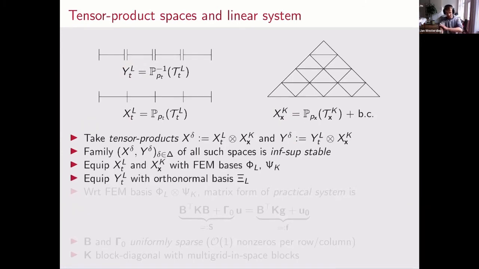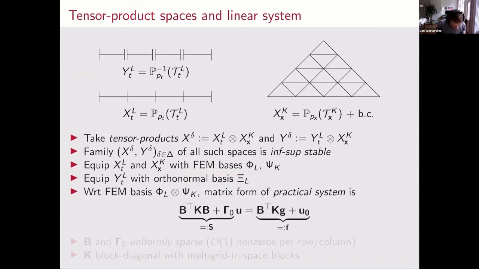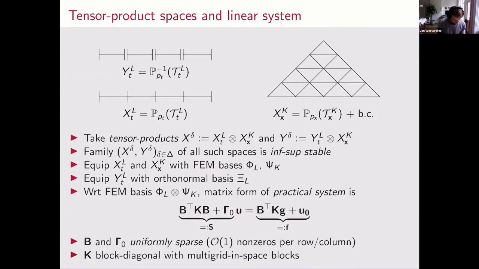So we are going to equip our spaces with finite element bases, and then we have the matrix form of our practical system. So S U equals F, and this S consists of a number of operators, of which B and this gamma naught are both uniformly sparse, meaning that they have a constant number of non-zeros per row and column, independent of the discretization that you would have.